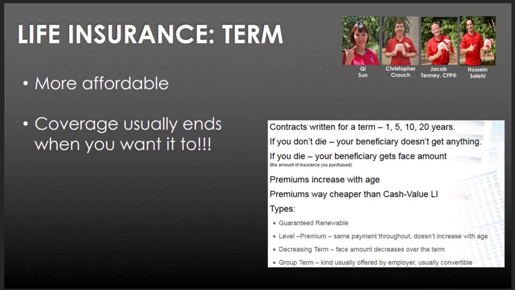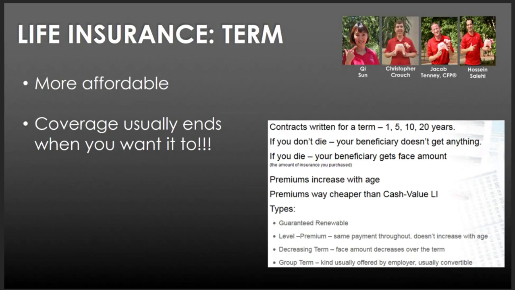The term life insurance coverage usually ends when you want it to. So basically you have a specific term for this life insurance, maybe 10 years, maybe 20 years. During the insured period, if you don't die, your beneficiary won't get anything. But if you die, your beneficiary will get the death benefit in the policy.